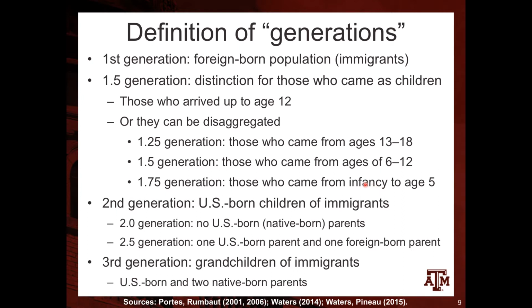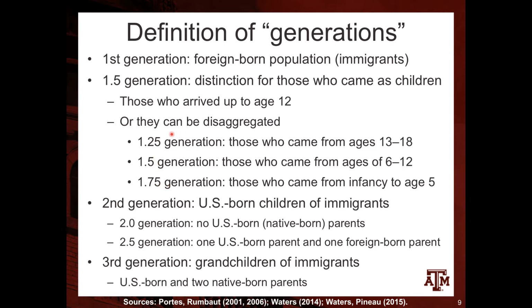Because those who arrived so early in their lives, although their parents were born in another country, will have many more chances to integrate really quickly in terms of language, culture, nutrition, everything, that they are really close to being a second generation. But technically they are not.